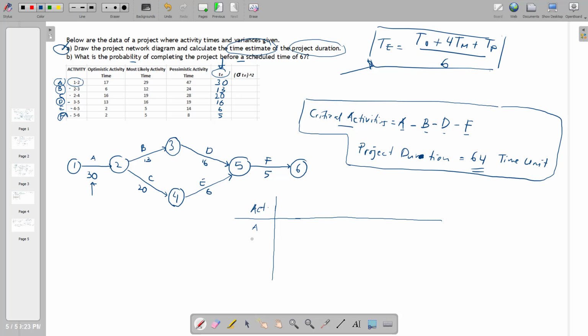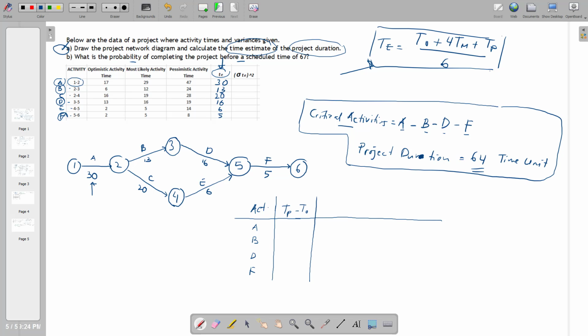You have activity A, B, D, and F, and also the optimistic time, most likely time, and so on. What you have to calculate again is the range of the time, TP minus TO.